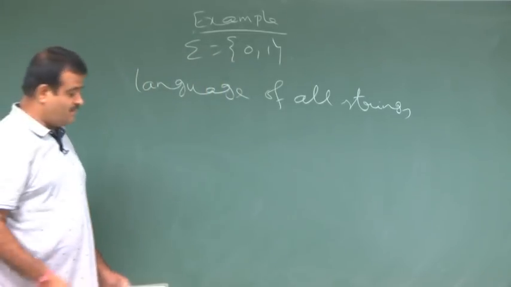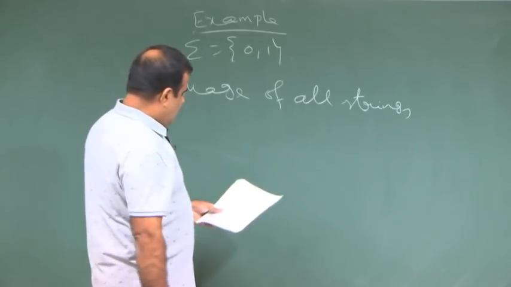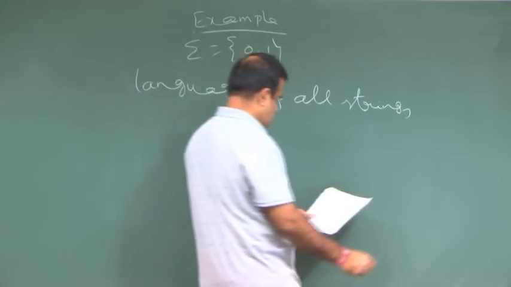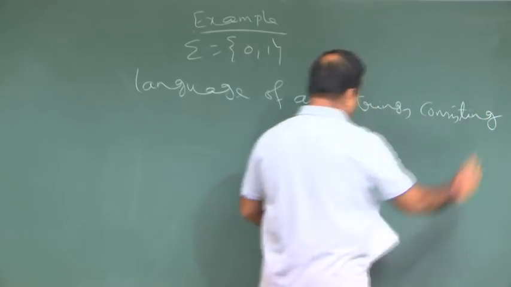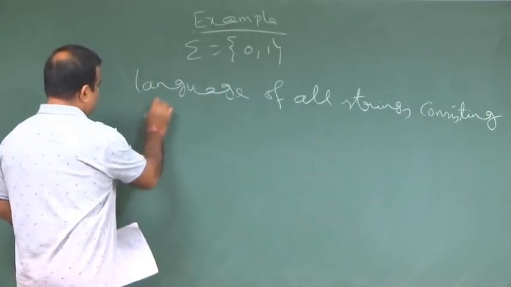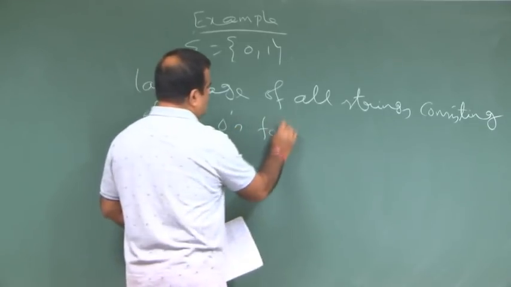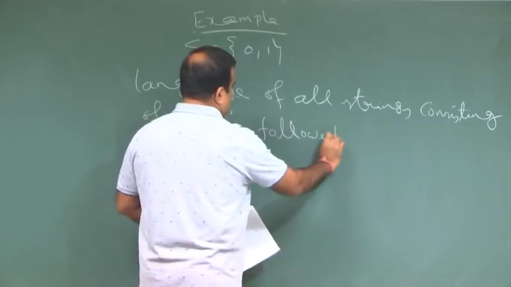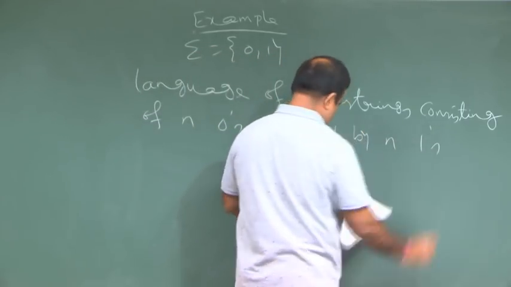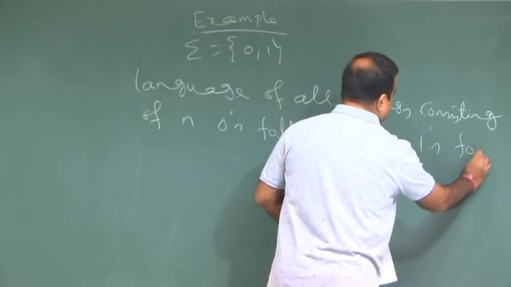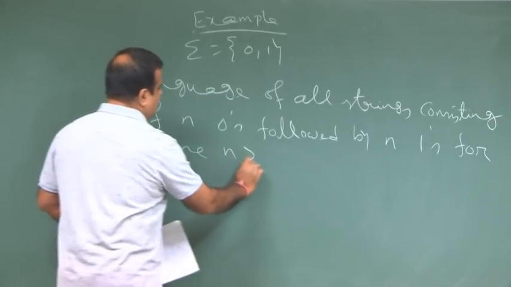Now, we will take an example of a language which has some properties, like the language of all strings consisting of n zeros followed by n ones for some n greater than or equal to 0.